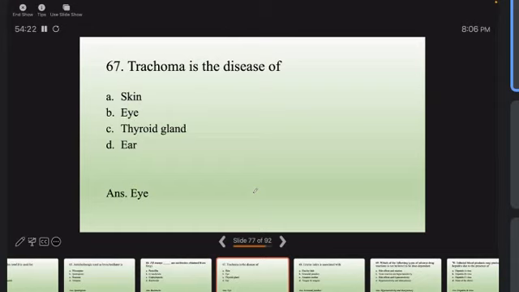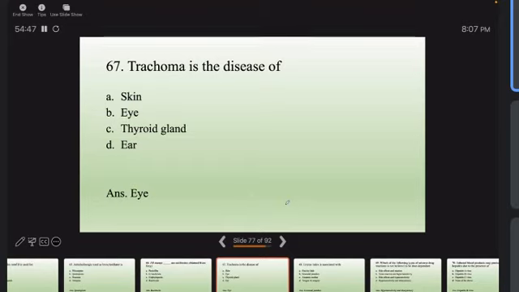So that is trachoma by Chlamydia trachomatis. Can you tell me one disease of the skin? Leprosy. Psoriasis, yes, correct. Any other disease of the eye apart from trachoma?